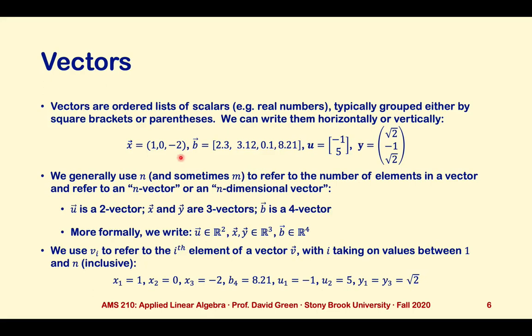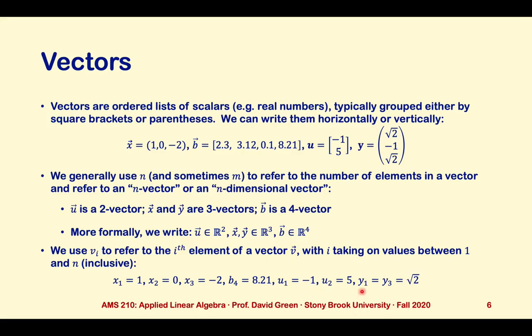So looking at x here, x subscript 1, the first element of x, is 1. x subscript 2, the second element of x, is 0. x sub 3, the third element of x, is negative 2. b sub 4, the fourth element of vector b, 1, 2, 3, 4, is 8.1. u subscript 1, the first element of u, is negative 1. u sub 2, the second element of u, is 5.